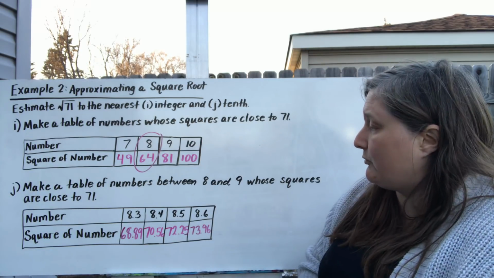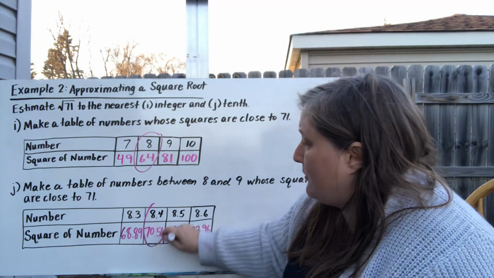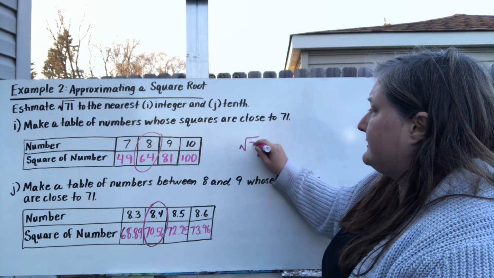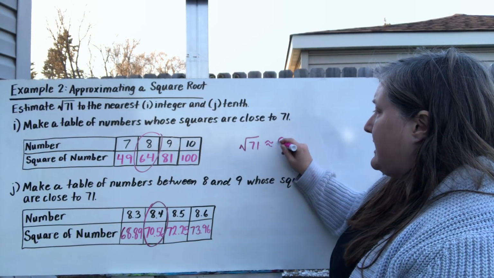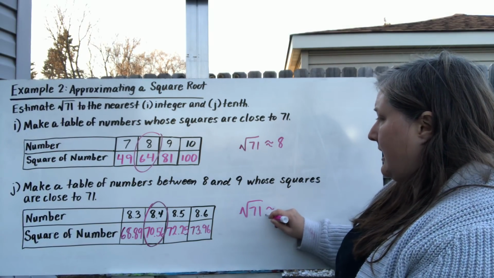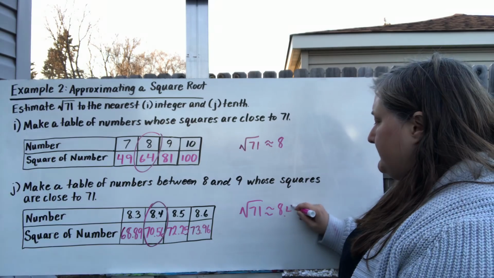And so the closest one here is 8.4. So if I were to estimate the square root of 71 to the nearest integer, I would say 8. And if I was estimating to the nearest tenth, I would say about 8.4.